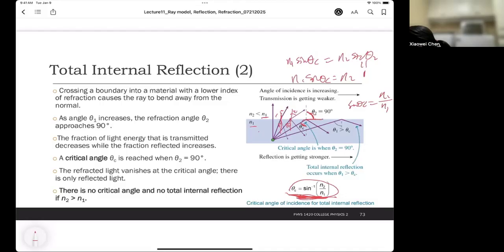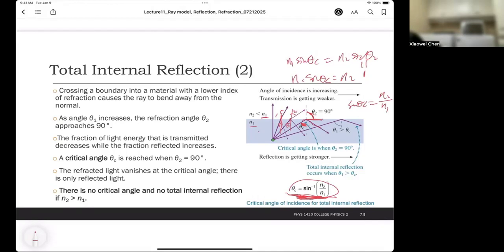That makes sense to you? So when theta 1 reaches theta c, theta 2 equals 90 degrees, and the refracted light vanishes at the critical angle, which means there will be no refracted light. If the angle is equal to or greater than theta c, there is only reflected light.